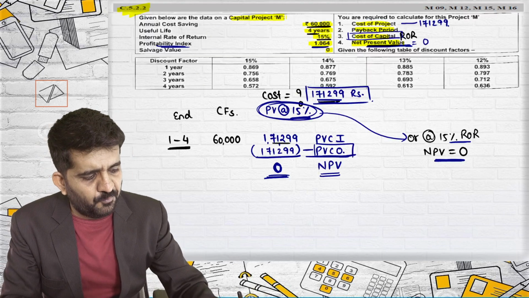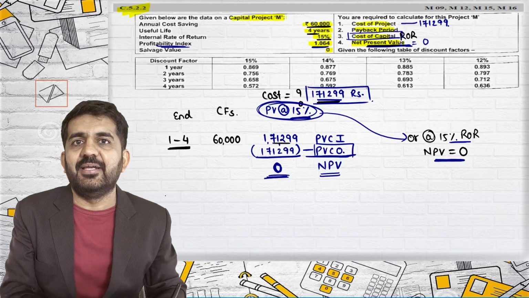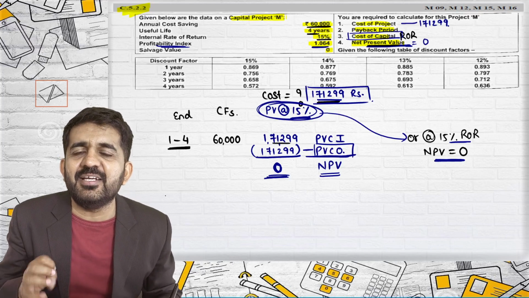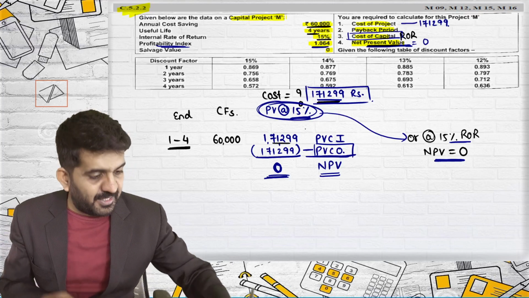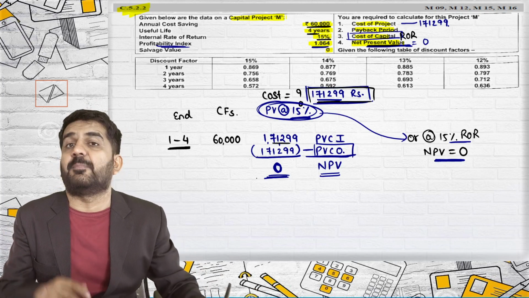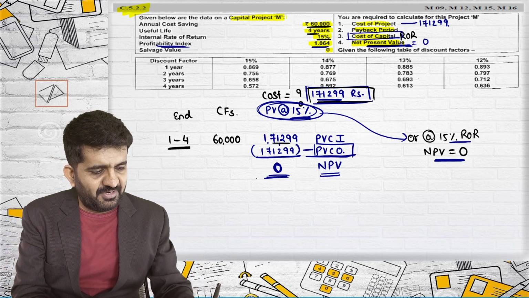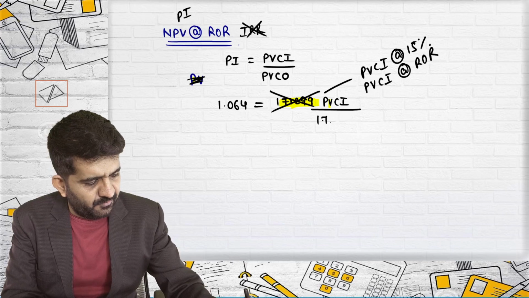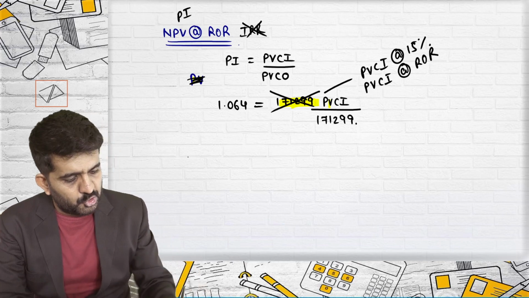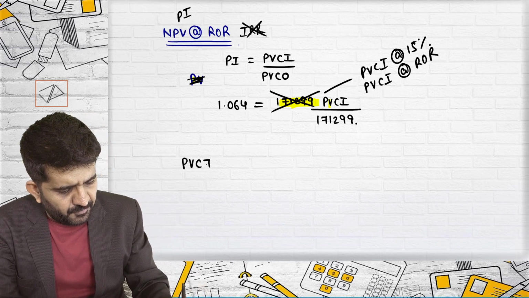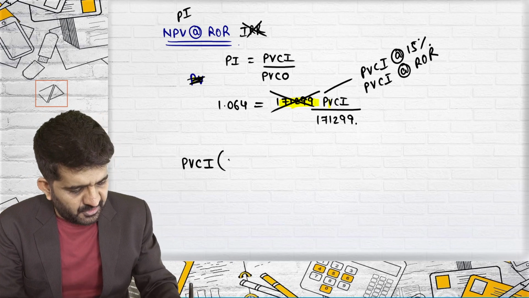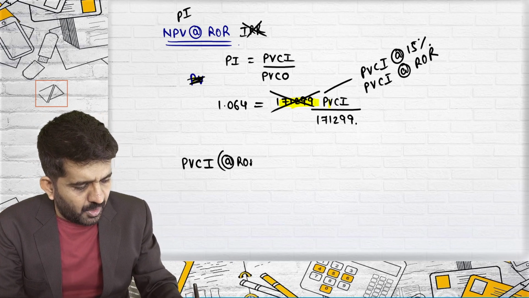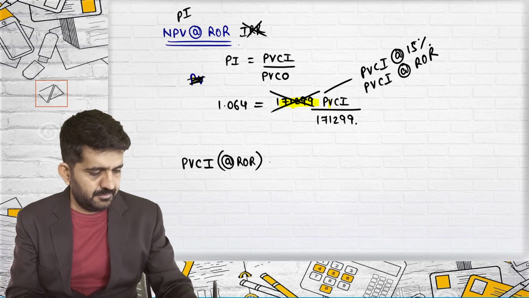Present value of cash outflow is 171,299. At 15%, at 12%, at 10%, present value of cash outflow is always the same. So it is 171,299. So I will be getting the answer of present value of cash inflow at required rate of return.